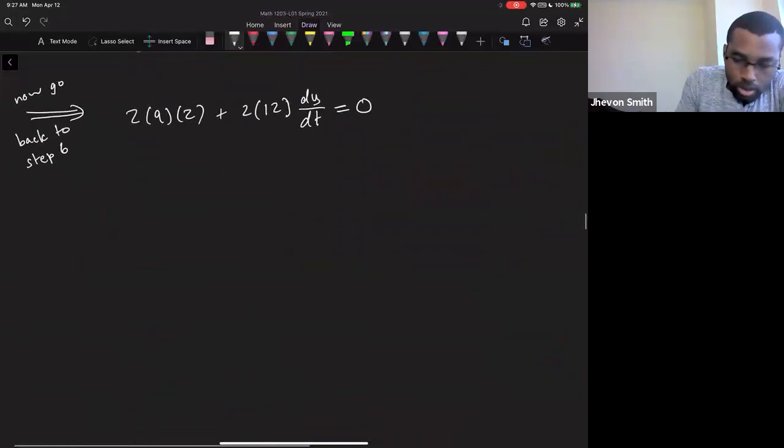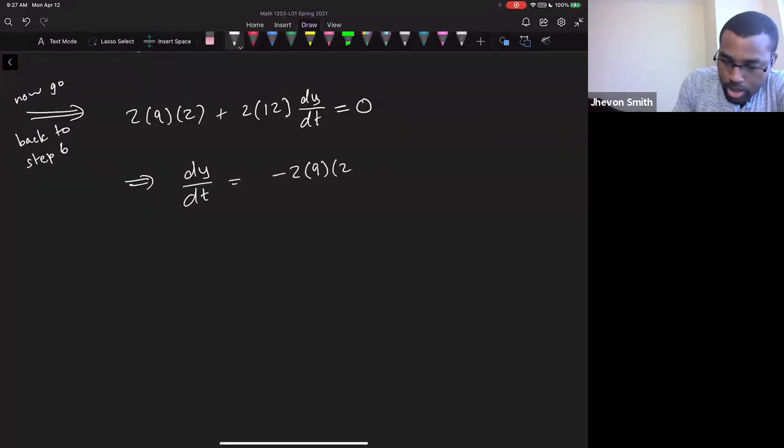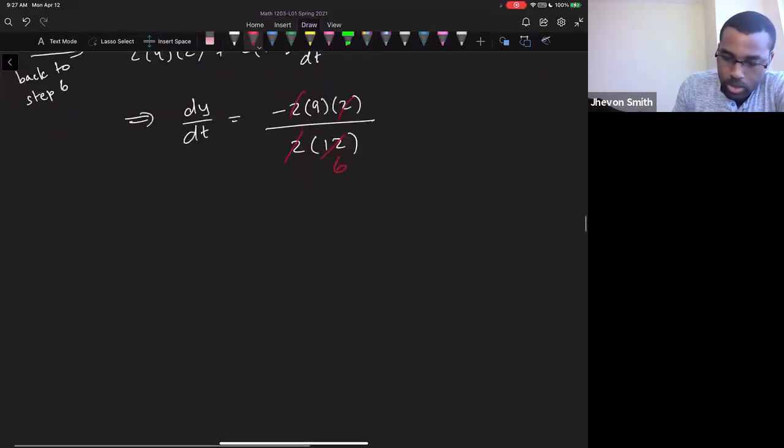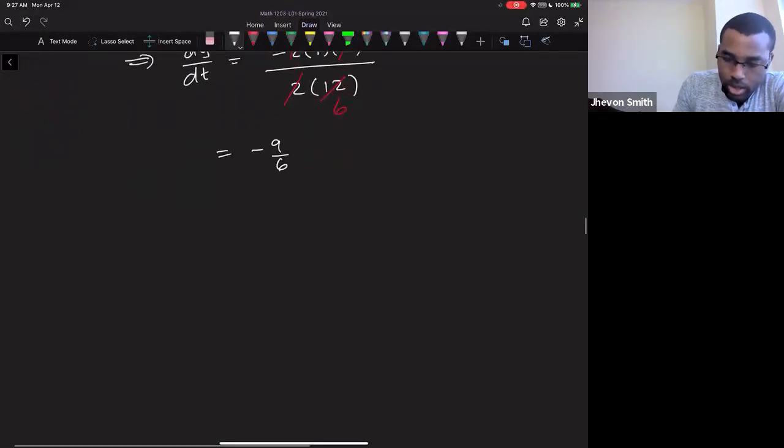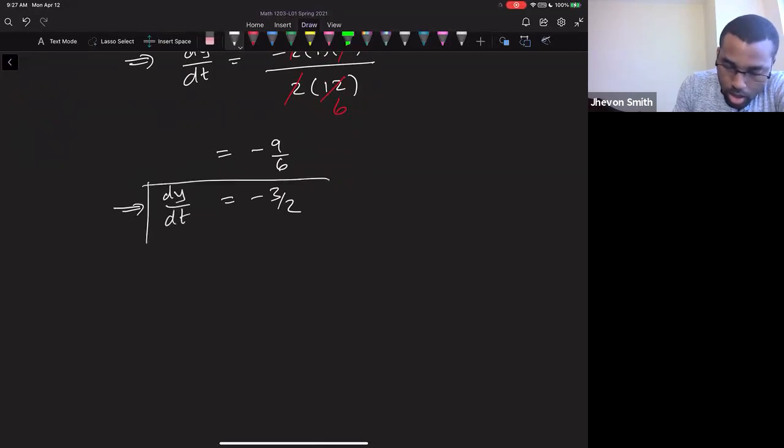Okay, so now you have your dy dt is going to be equal to, I'm going to move the 2 times 9 times 2 to the other side, and going to divide by the 2 times 12. The 2's would cancel. 2 would go into this 6 times. So I have minus 9 over 6. I can take 3 into each of those, minus 3 over 2. And it's feet per second.